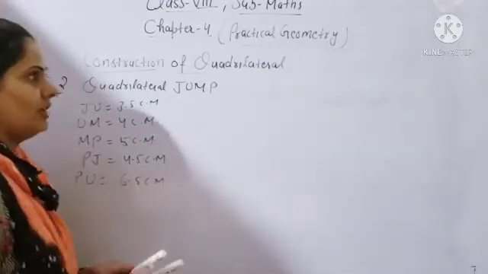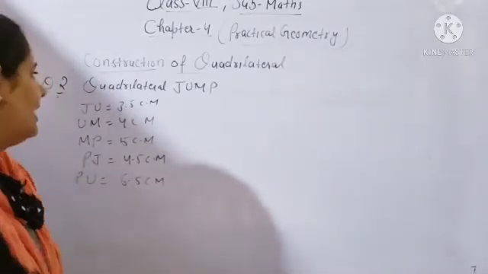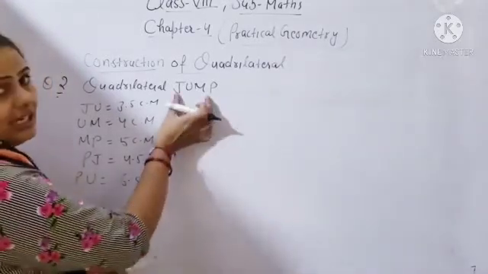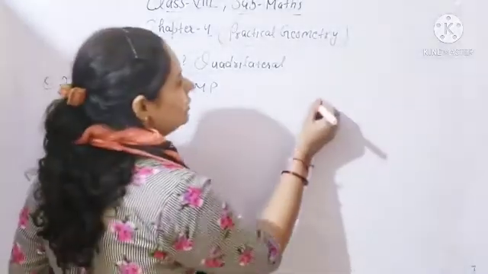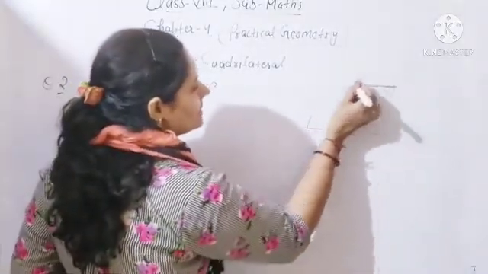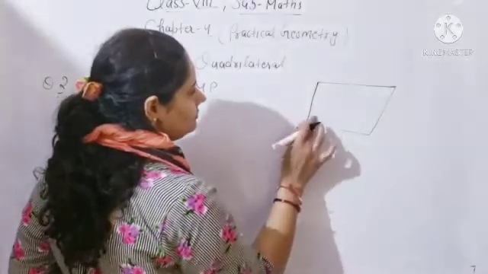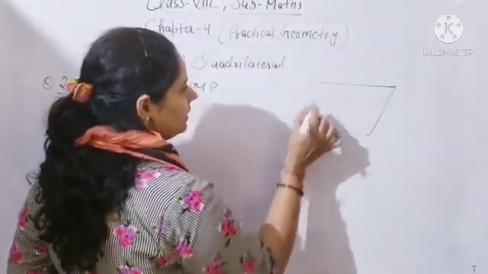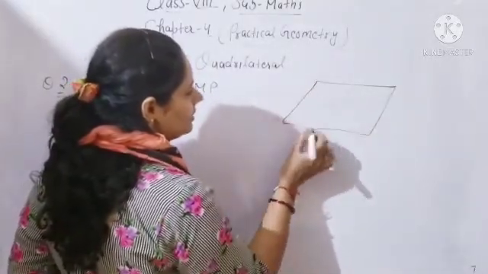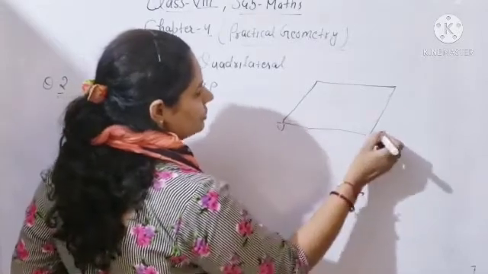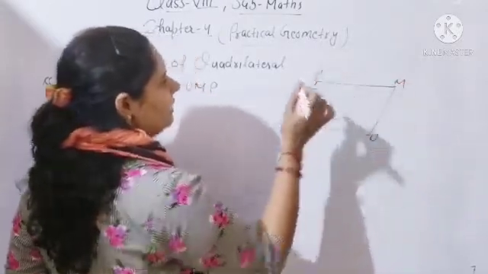First step, I have already told you, you will draw the rough diagram of the quadrilateral. So what is this quadrilateral name? JUMP. So for example, this is your quadrilateral JUMP.